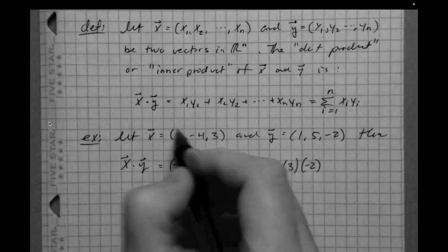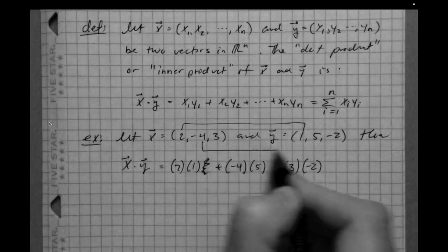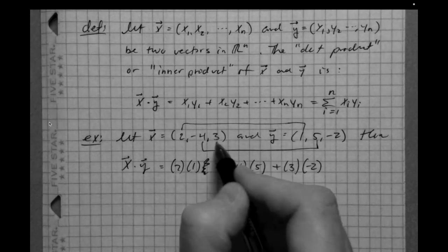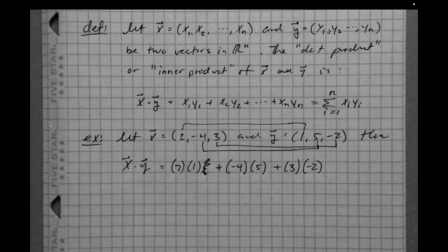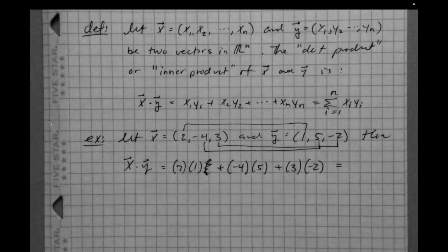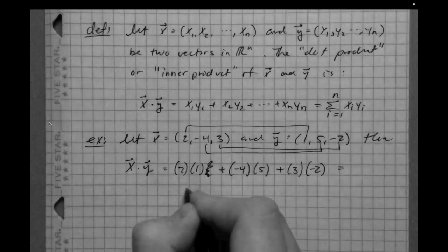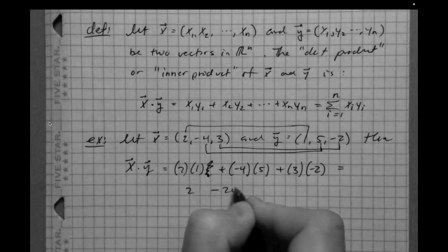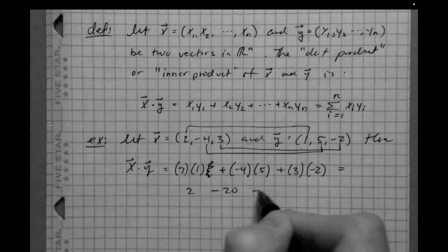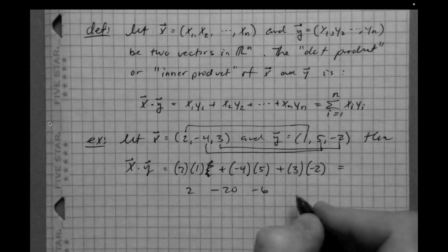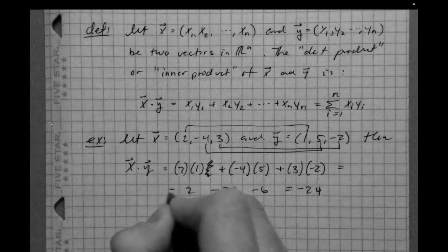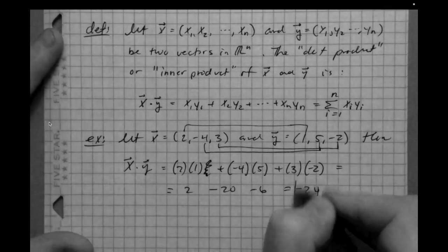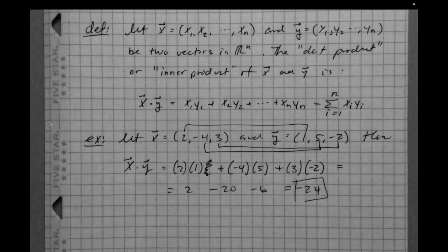So 2 times 1, -4 times 5, and 3 times -2. Okay, and so what do we get here? 2 minus 20 minus 6, so -24. Okay, so the dot product yields a scalar. All right, so that's the idea of the dot product.